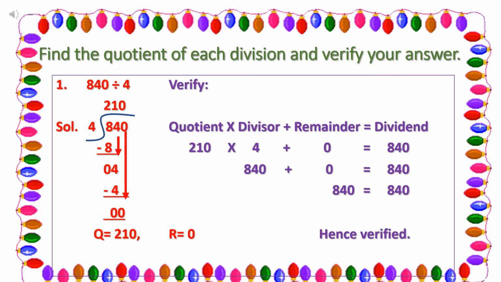That means we have to find the quotient and we also have to check our answer. क्वेश्चन भी फाइंड आउट करना है और अपना आंसर भी चेक करना है, वेरीफाई करना है कि आंसर ठीक आया या नहीं आया. First example is 840 divided by 4 and we have to check our answer also.